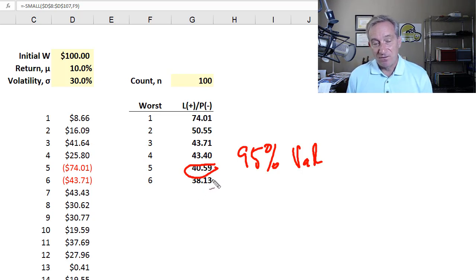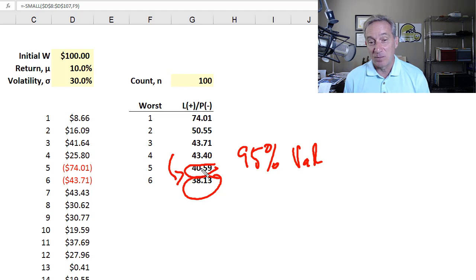However, following Kevin Dowd in the FRM, we actually say it's the sixth worst that would be the 95% VAR if there are 100. So I would actually say it's $38.13, and then someone else could come along and explain why. That, to be more precise, we would interpolate between the fifth and sixth values.